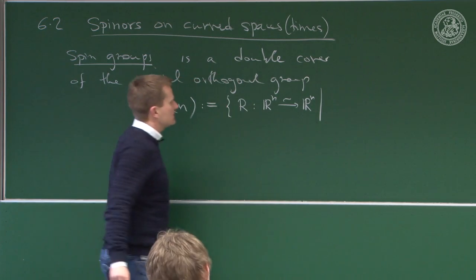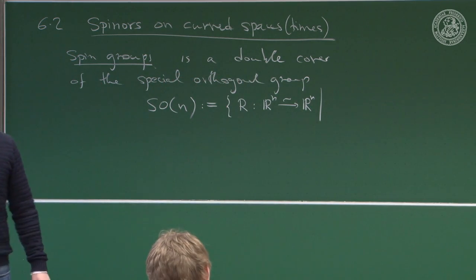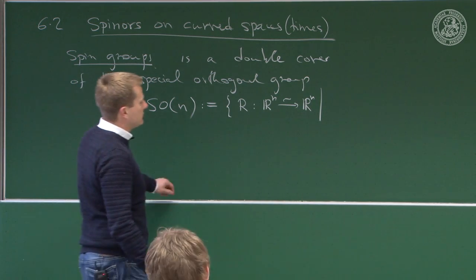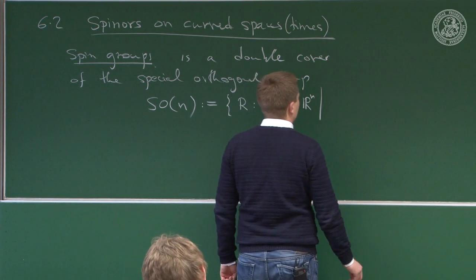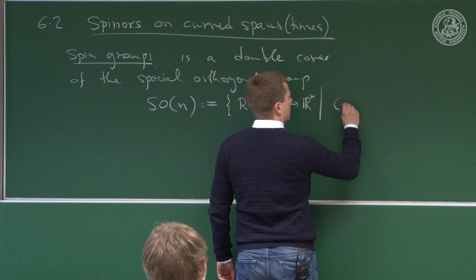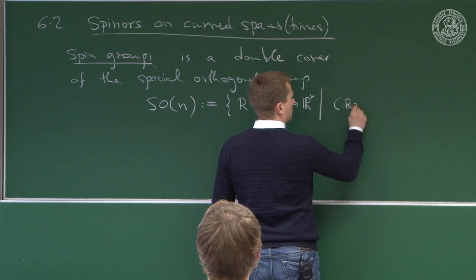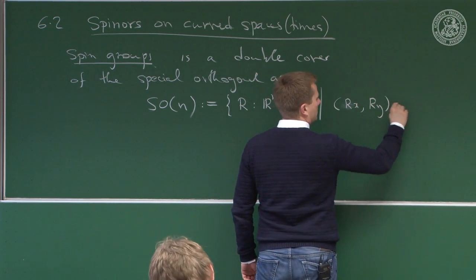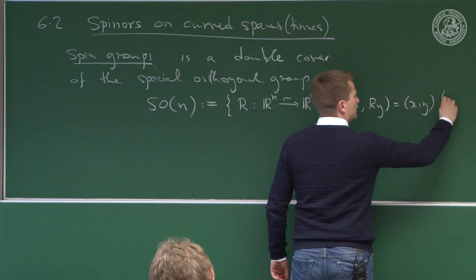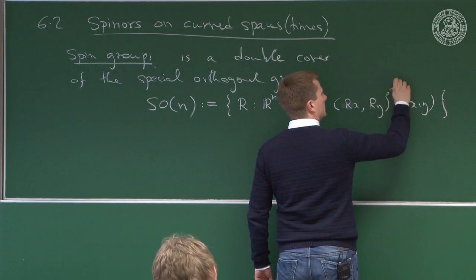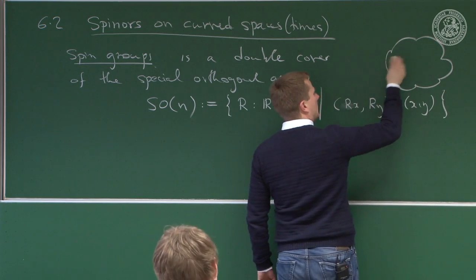Because if we're just on a vector space R^n, we can always use Sylvester's theorem, and if it's a positive definite inner product, we could equally well take the standard inner product. So that is, if <Rx, Ry> equals <x, y> is kept constant, and this is the standard inner product on R^n.